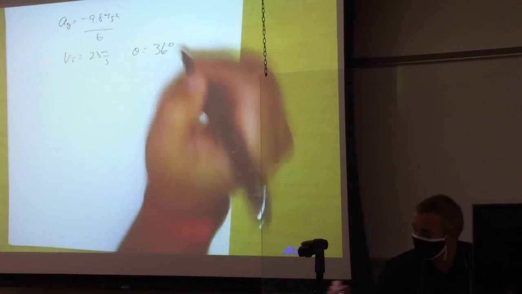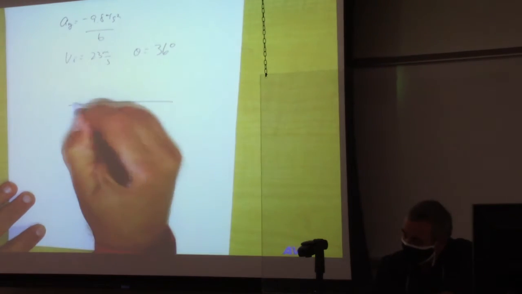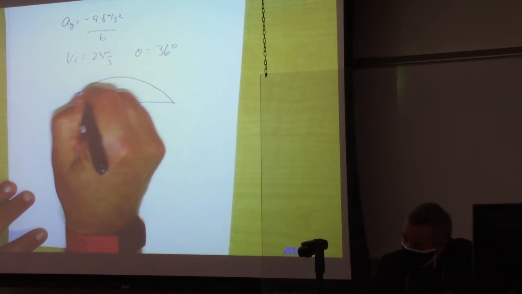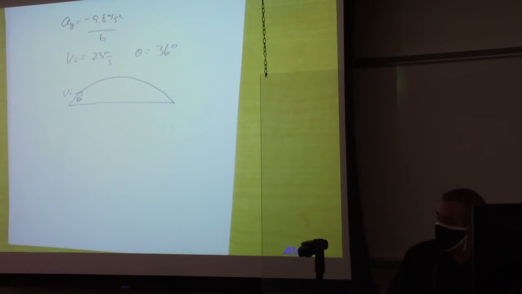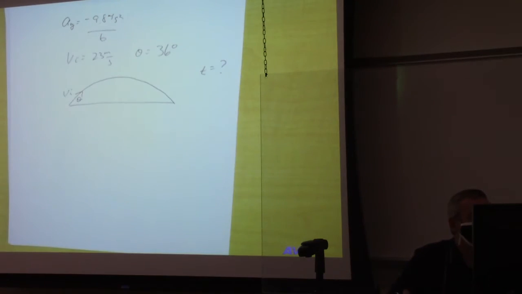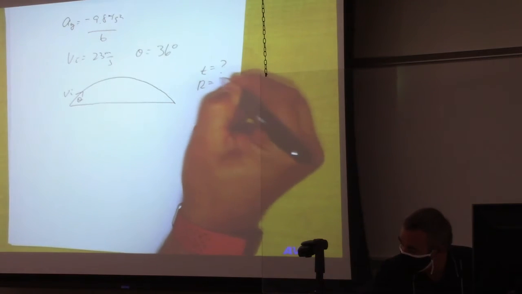Again, be careful because you probably have different numbers. So it looks something like this. There's the overall velocity, there's the angle. And we want to figure out how long is it in the air, and then finally, how far did it travel? So in other words, what is the range?